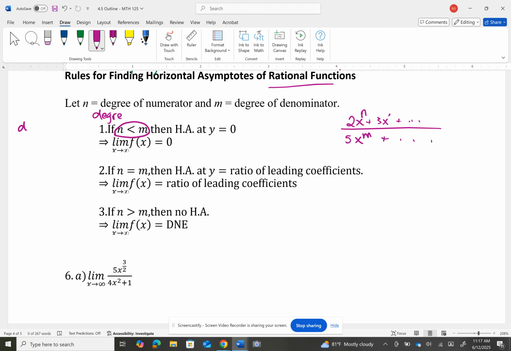I'm going to write it over here. So it's bigger on the bottom. This case is if the degree is the same, top and bottom. And then this case is saying the degree is bigger on top.